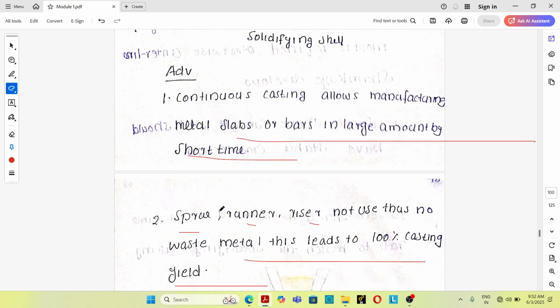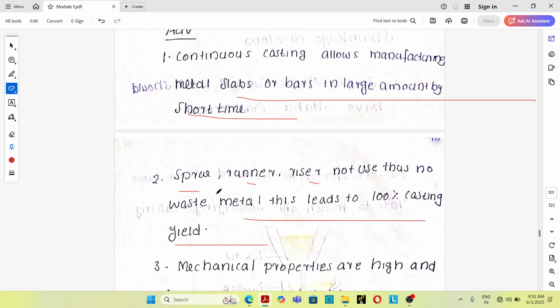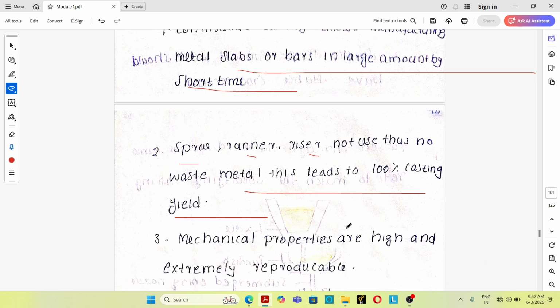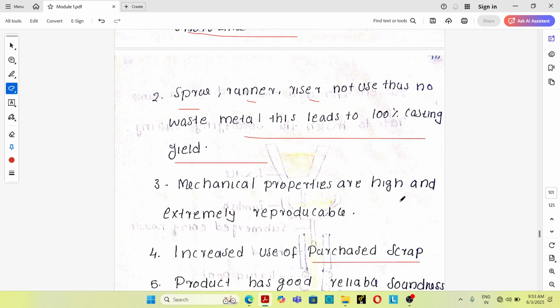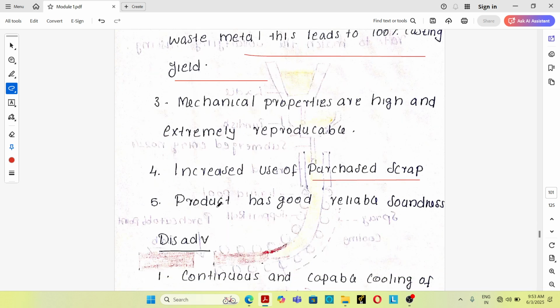Okay, so these are the advantages of the continuous casting process, which is used for producing slab or bar in large amounts in a short time. Sprue, runner, riser not used. There is no waste of material. This leads to 100% casting yield. Mechanical properties are high and extremely reproducible. Increased use of purchased scrap. Product has good reliable soundness.